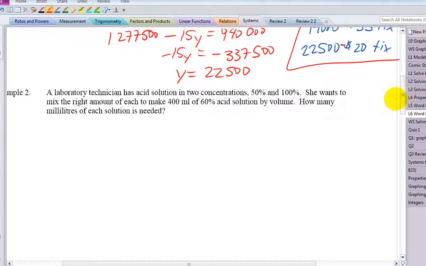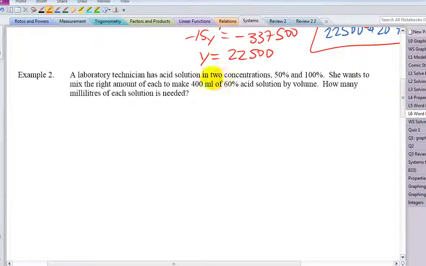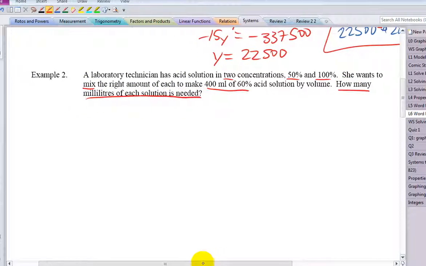Underline the important information as you read the question, please. So we have two concentrations.